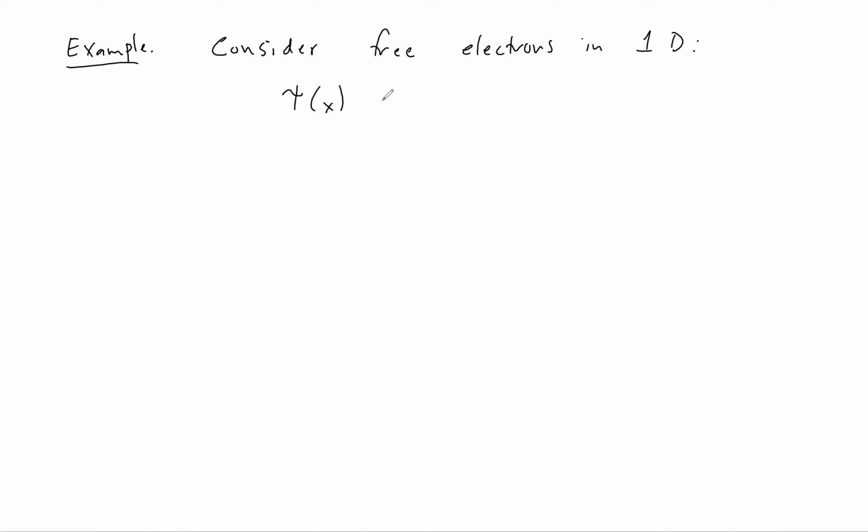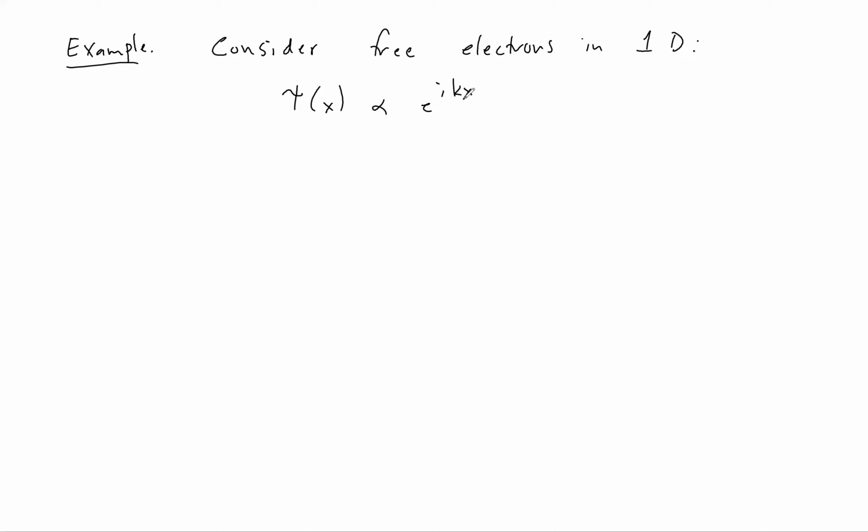So at this point, if this is confusing to you, that's probably good. This is rather challenging to understand. One thing I find helpful is to consider the behavior of free electrons in 1D. So you know that the wave function for a free electron in one dimension, psi of x, is proportional to e to the i kx.